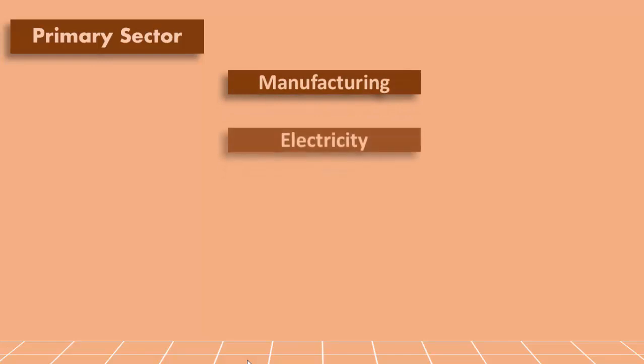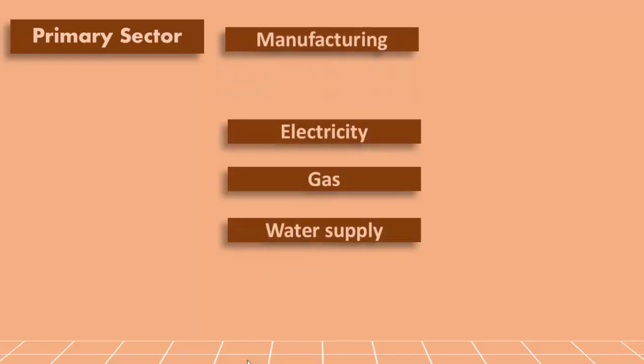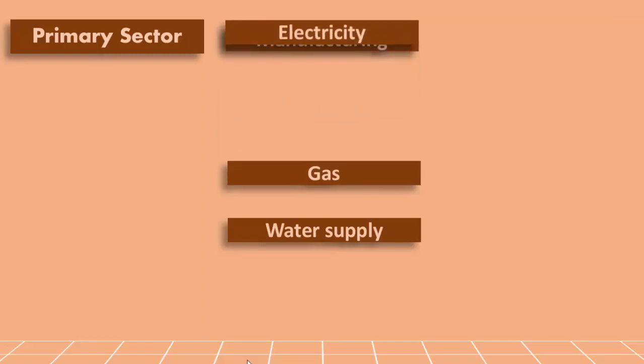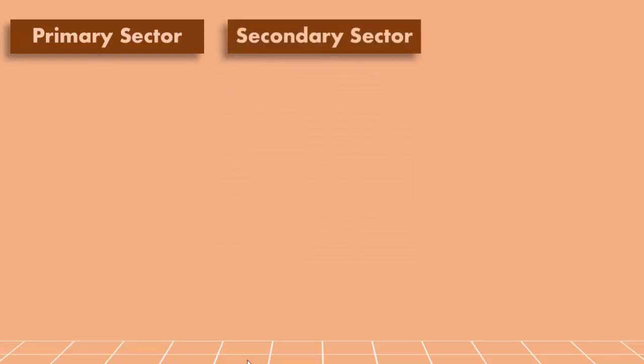The firms such as manufacturing, electricity, gas, water supply, transform raw materials into finished products. They simply change the form of the products. These units are brought under secondary sector.